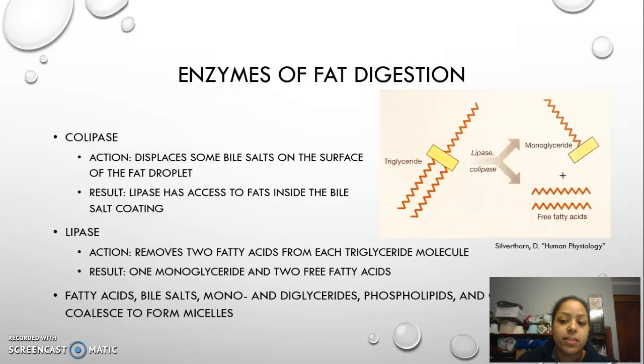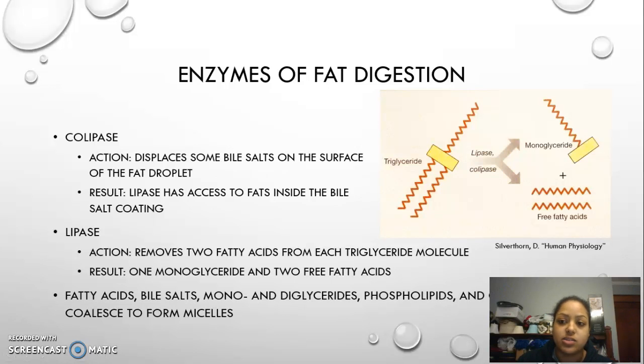Lipase will remove 2 fatty acids from each triglyceride molecule, which will result in a monoglyceride molecule seen at the top right of this image, and 2 free fatty acids seen at the bottom right of the image.